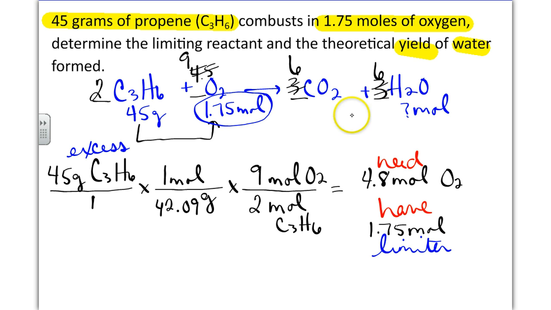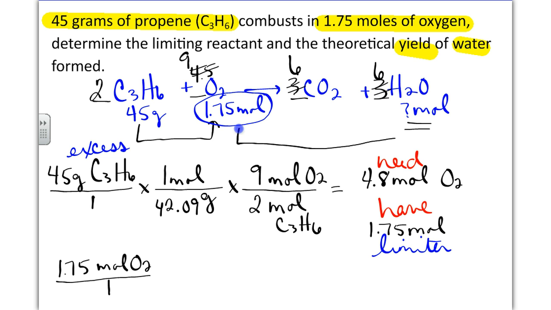We do have one more where we want to know the amount of moles of water that's produced. So I will take my limiting reactant, 1.75 moles of oxygen, and we will stoich from oxygen to water. Bring down moles of oxygen.